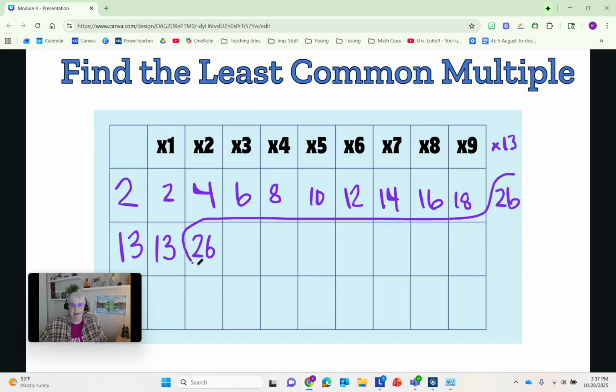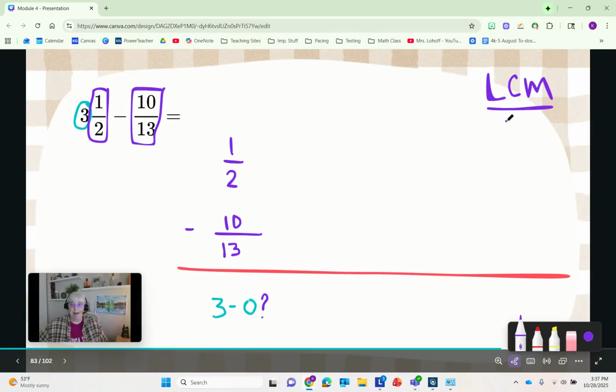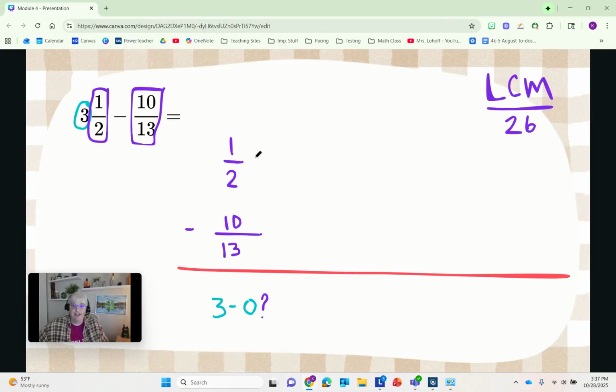And there is my least common multiple, 26. And we got that by multiplying them to each other. All right, well, let's go ahead and change these fractions so that the denominator for both is 26, and then we can subtract.